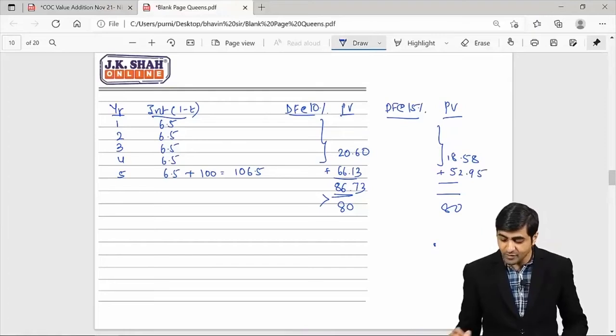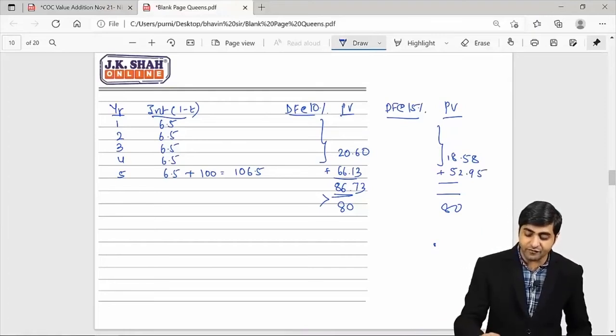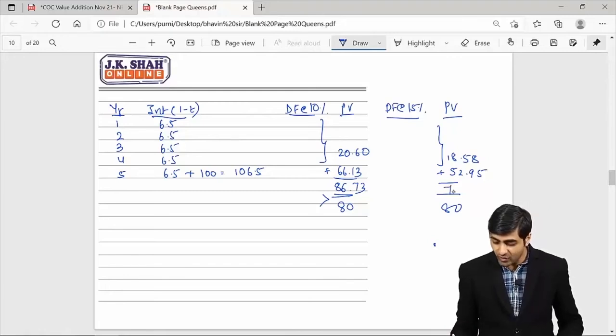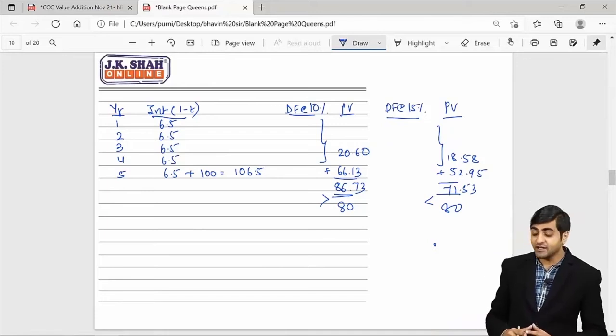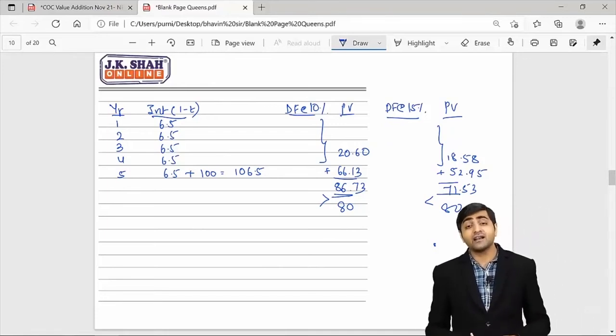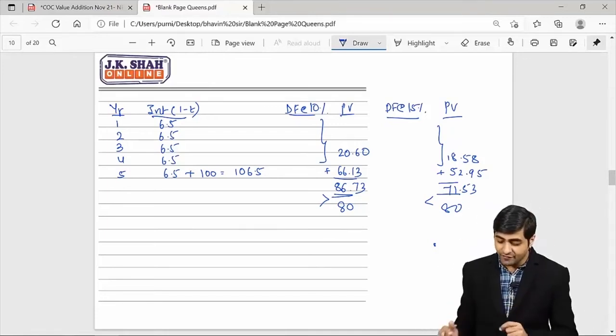So guys, now this will be 52.95 plus 18.58, which will now give you 71.53. So now very well you can check that your IRR lies between 10% and 15%.